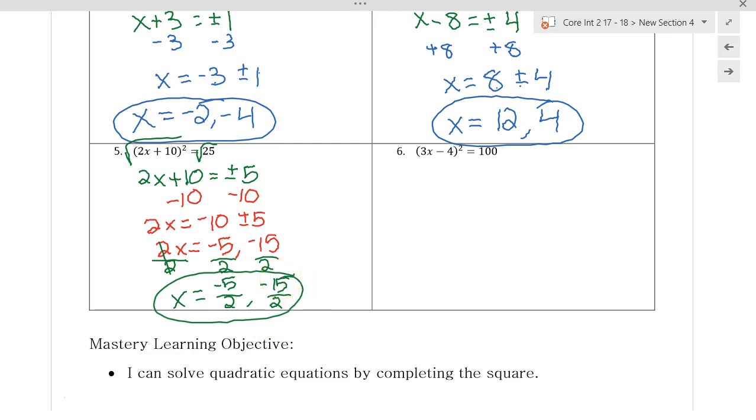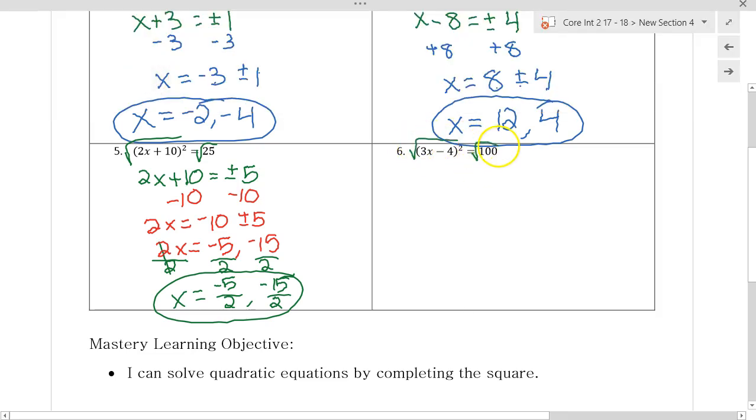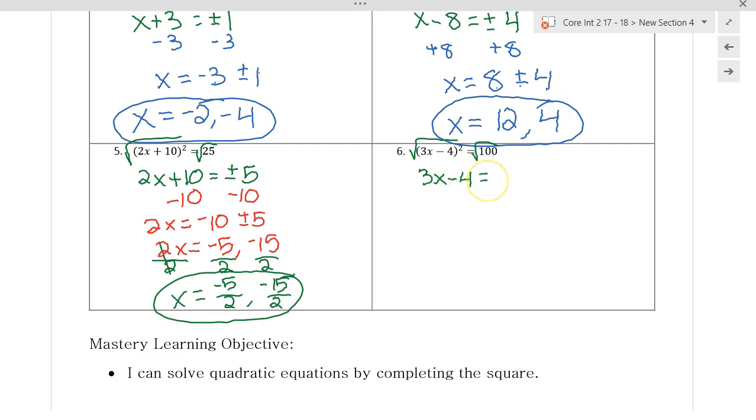Looking at number 6, 3x minus 4 squared equals 100. I'm going to start again by taking the square root. The square root of 3x minus 4 squared is just 3x minus 4. The square root of 100 is 10 plus or minus.